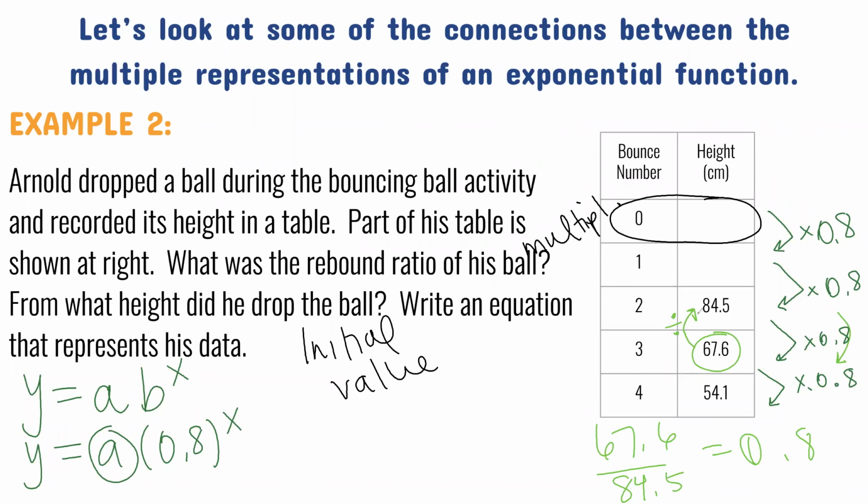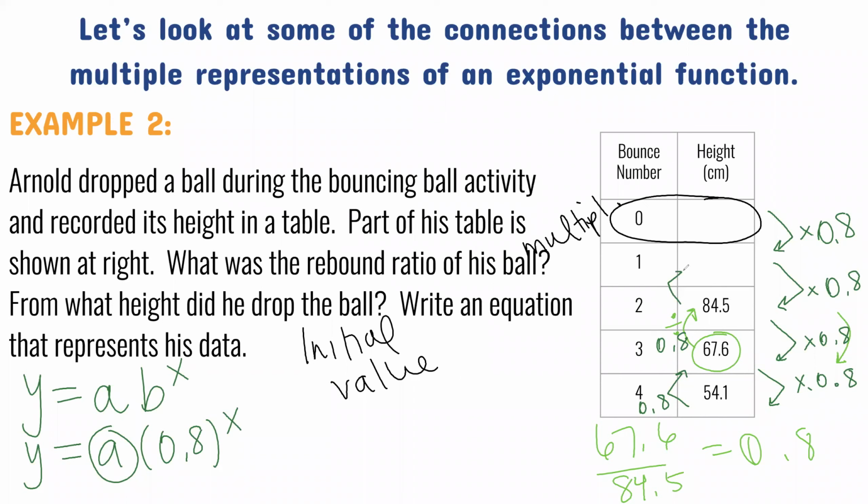And so coming back to our table, if going downwards, we're multiplying by 0.8. To go backwards, let's see, 54.1, you are dividing by 0.8. Okay, and you can test it yourself in your calculator. 54.1 divided by 0.8 gives you approximately 67.6.